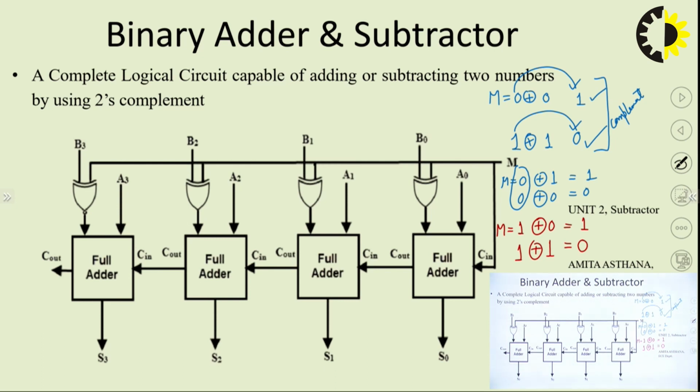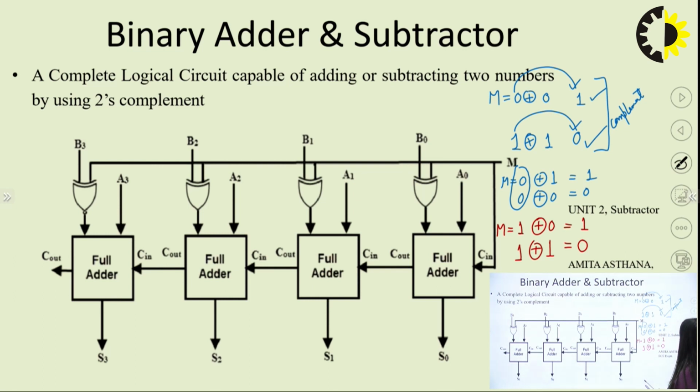So what is the reference which we can take from here? If I fix my value of m to be 0 and I want to make this circuit work either in adding behavior or in subtracting behavior, then what should I do?